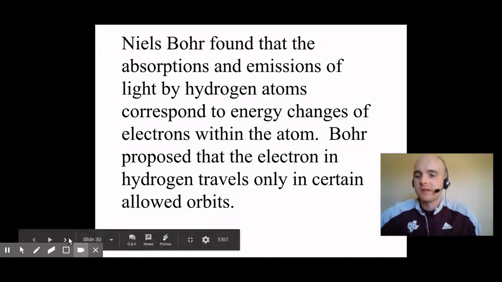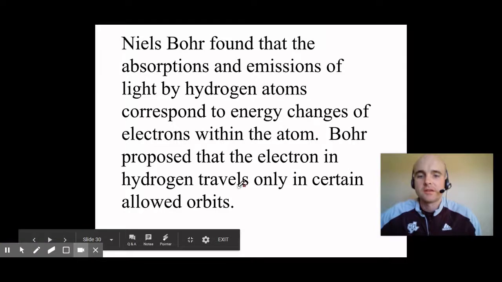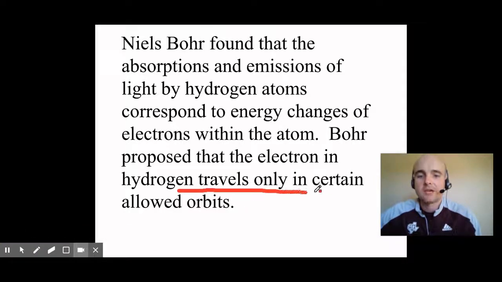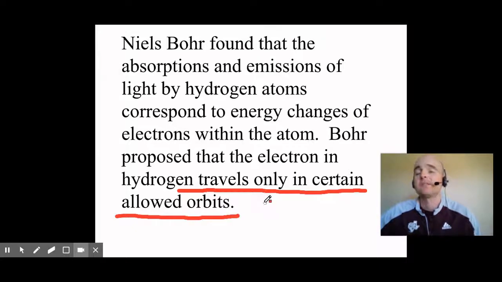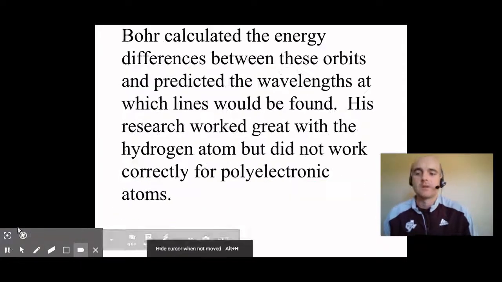What he was proposing is that the hydrogen electron only travels in certain orbits. He picked hydrogen because it's the most simple one, and he could limit it down to one electron. He could only work with hydrogen.